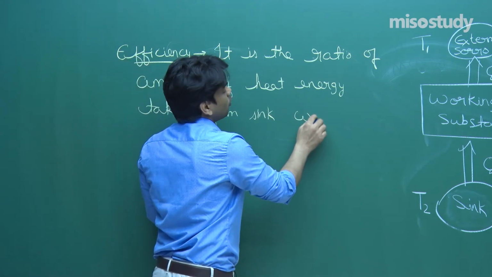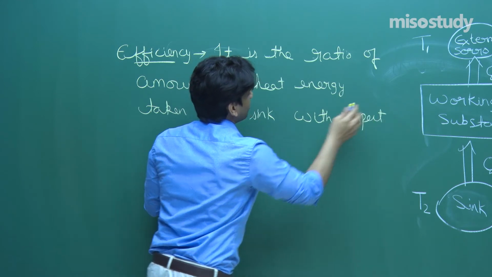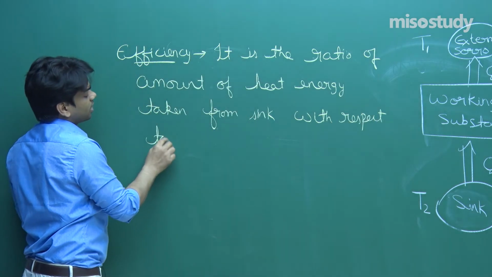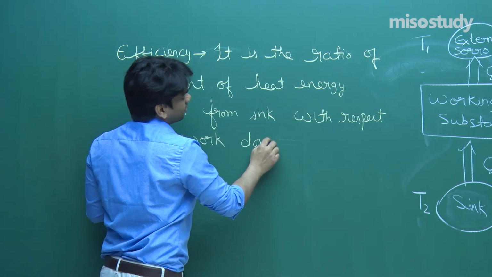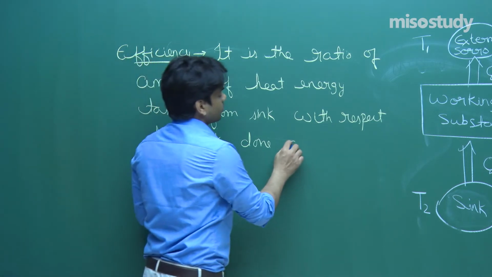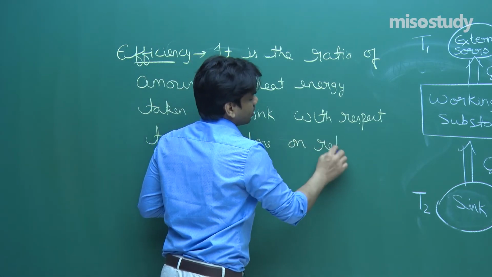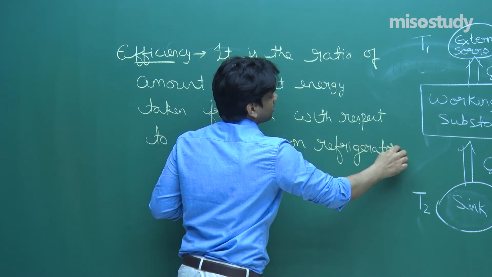That work done was Q1 minus Q2, because this is the ideal way to define the efficiency with respect to work done on the refrigerator. Now very easily we can give the efficiency of this.